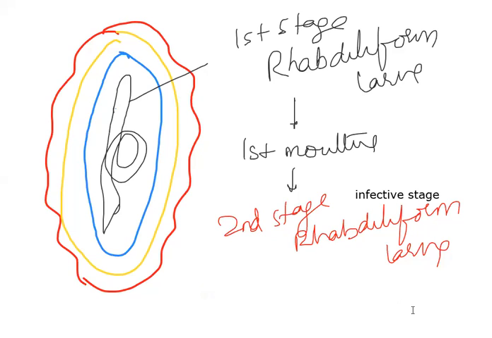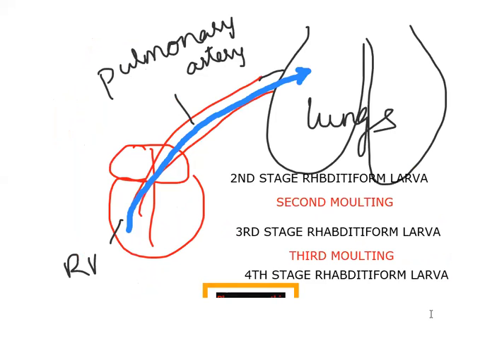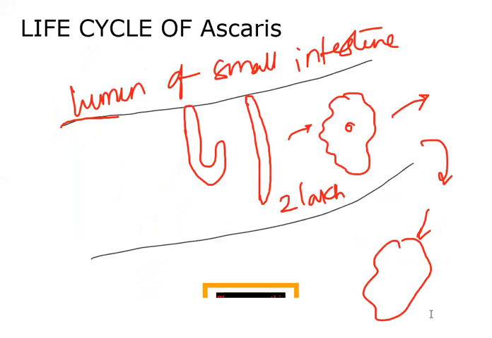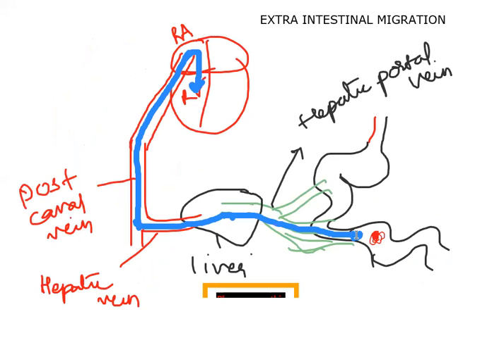Whenever the second stage rhabditiform larva enters a new human being, in the small intestine the shell gets dissolved, and that larva comes out and undergoes extra-intestinal migration.